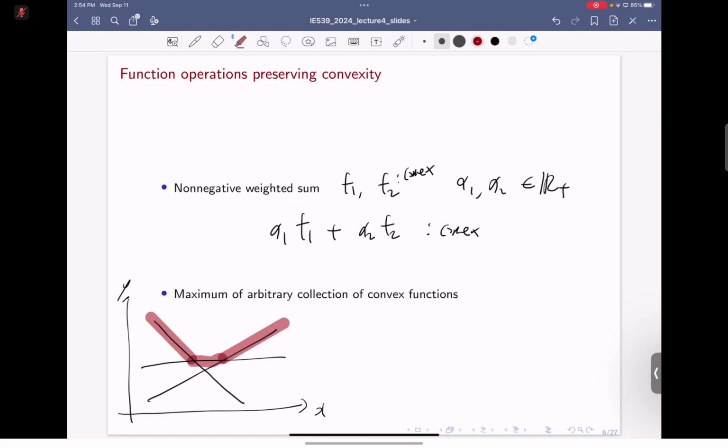And in fact, if you take finitely many linear functions, the maximum of that finite collection of linear functions is called a piecewise linear function. And if you look at this, this piecewise linear function is convex.